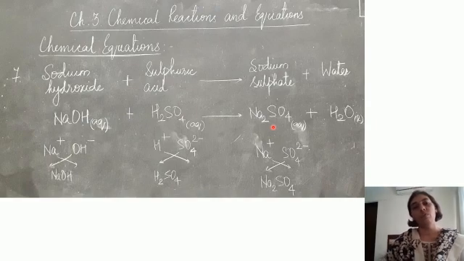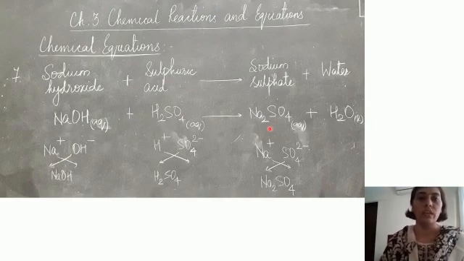Now here we need to make the formula. How will we get this product, sodium sulfate? Sodium is 1 positive, and the sulfate ion has valency 2 minus. So when you cross, you get Na2, and sulfate gets sodium's valency, that is 1, which we do not write.